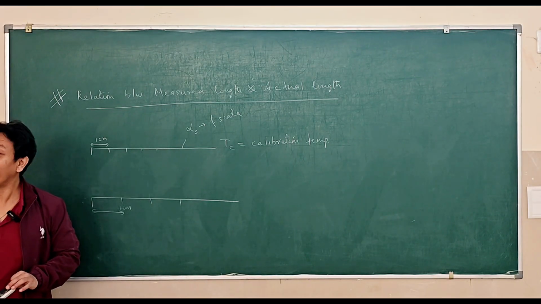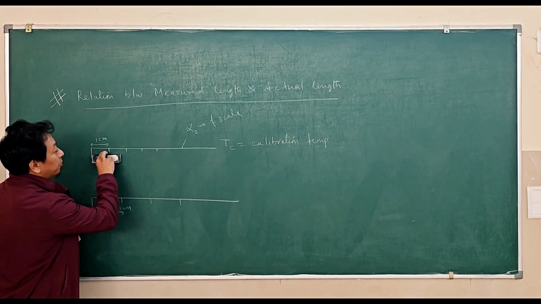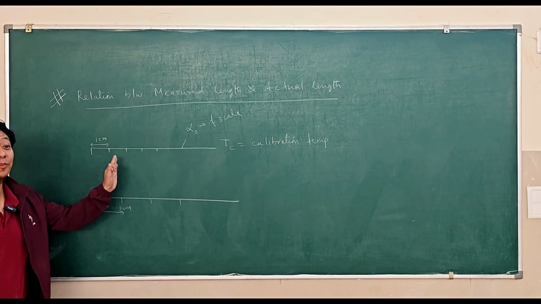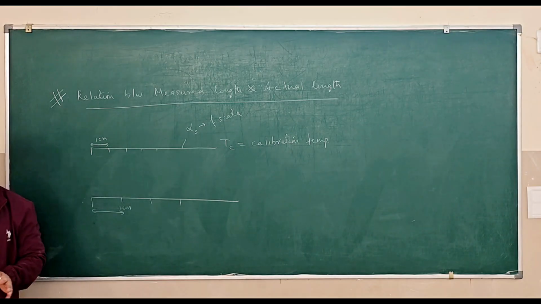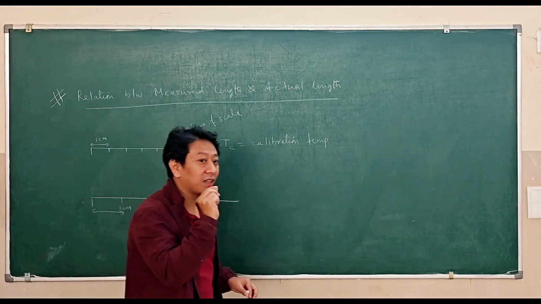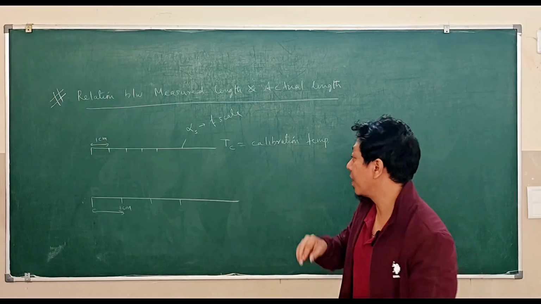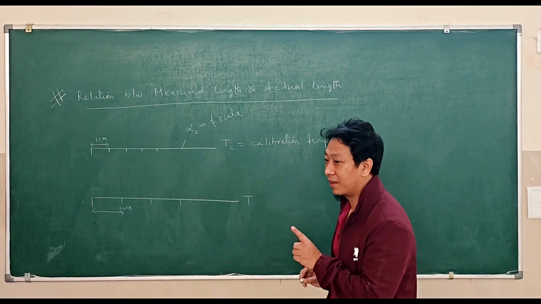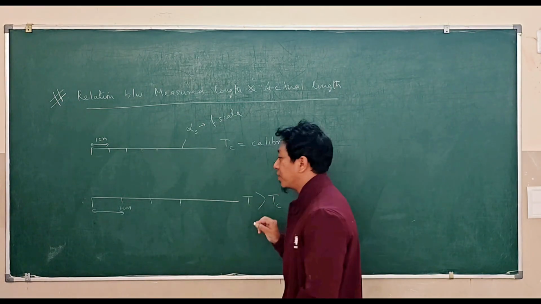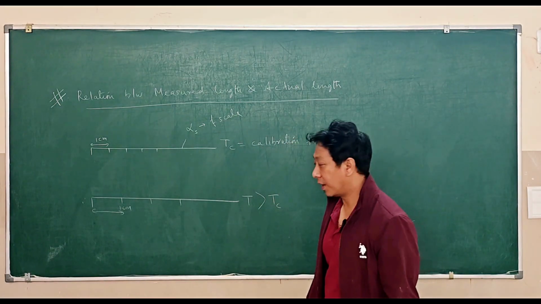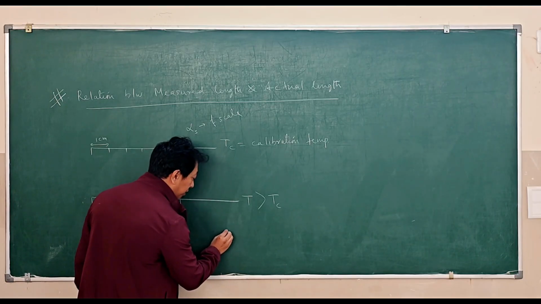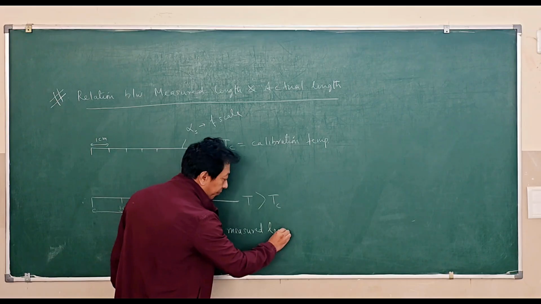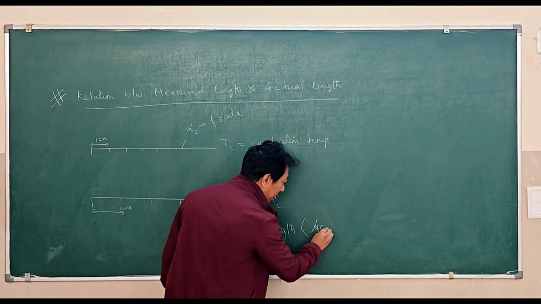That time you would have got actual length and it would have been, see, 1.8, 1.9 or 1.7. So actual is more, measured length is less. So when you use the scale at temperature more than calibration temperature, then your measured length will be less than actual length.